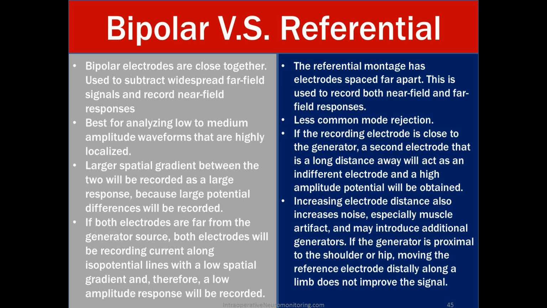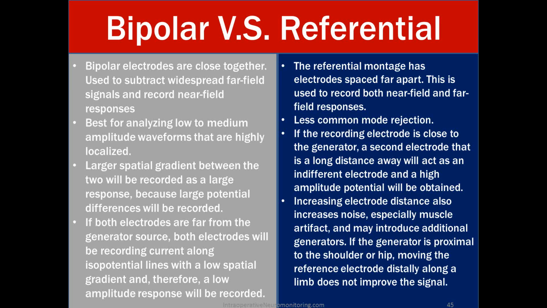Larger spatial gradients between the two will be recorded as a large response because large potential differences will be recorded. If both electrodes are far from the generator source, both electrodes will be recording current along isopotential lines with a low spatial gradient, and therefore a low amplitude response will be recorded. That just means if you're not close to it, you're not going to get a response.